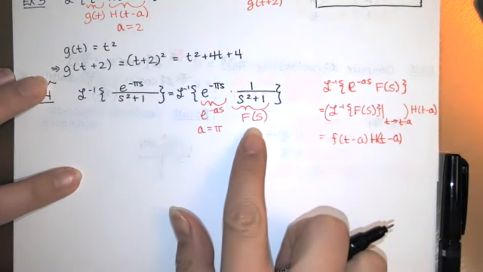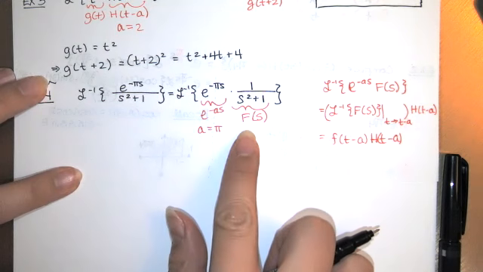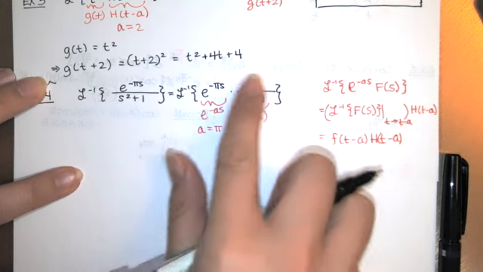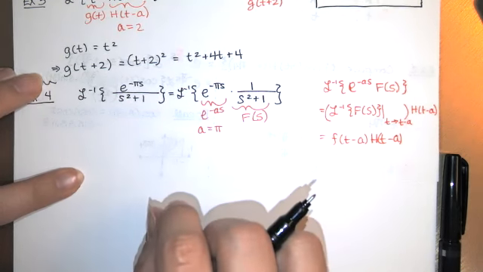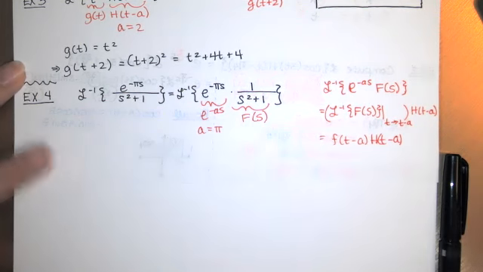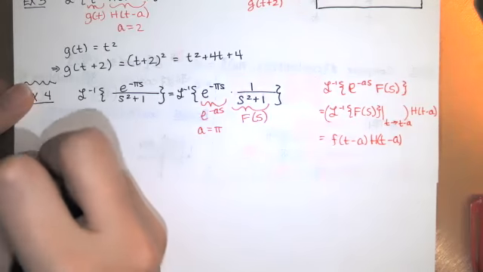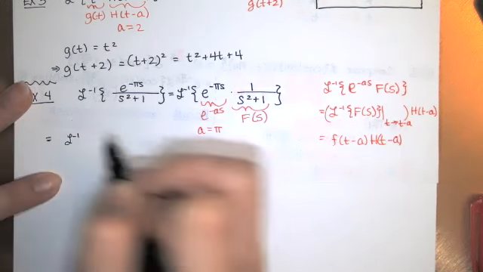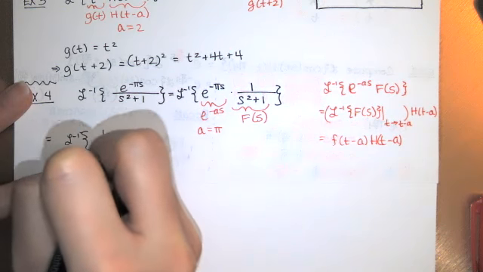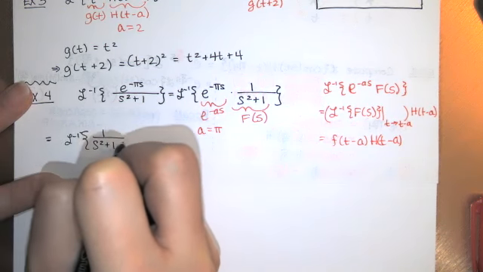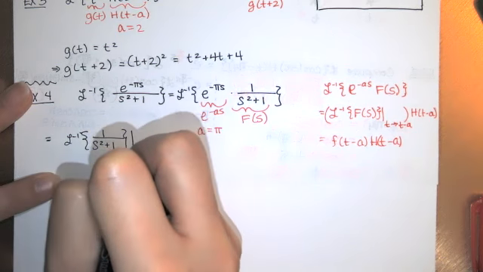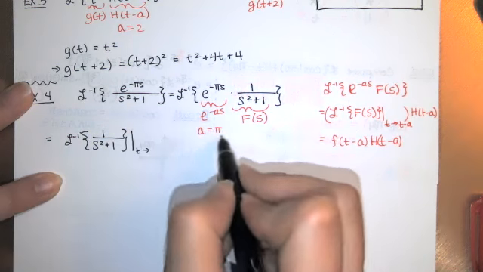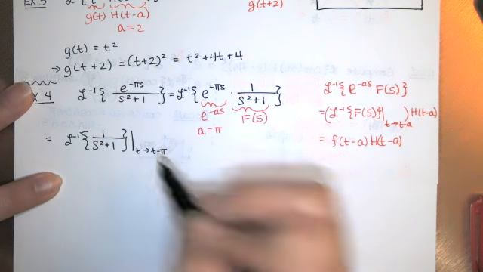And if this is F of s, I know how to find f of t. I just take the inverse transform of that. So according to this theorem, the inverse Laplace transform of something like this is the inverse transform of F of s, but then we're going to take our t and replace it with t minus a, which in this case is pi.